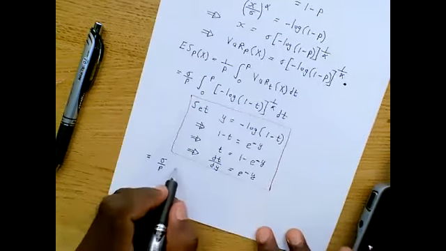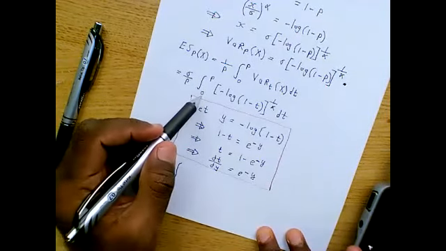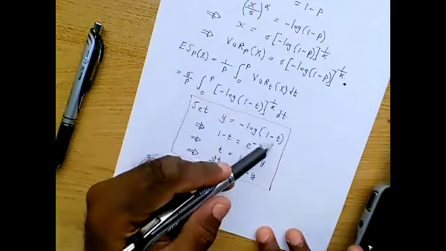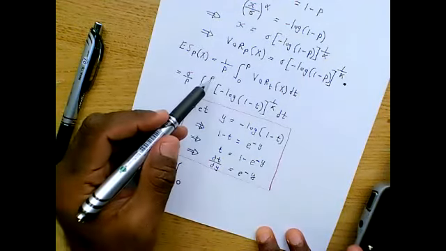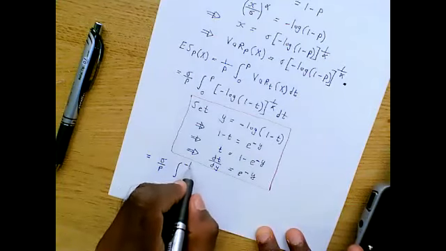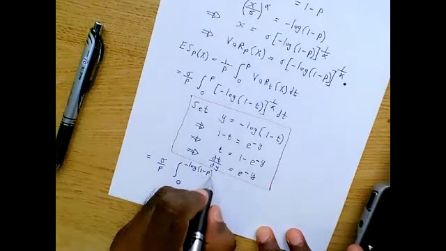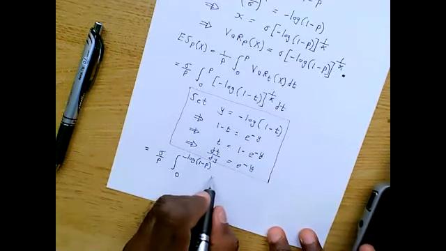The first thing to do is to take the limits. When you put t equal to 0 into this, you get minus log of 1 minus 0, which is 0. When you put t equal to p into this, you get this, and then you have y.